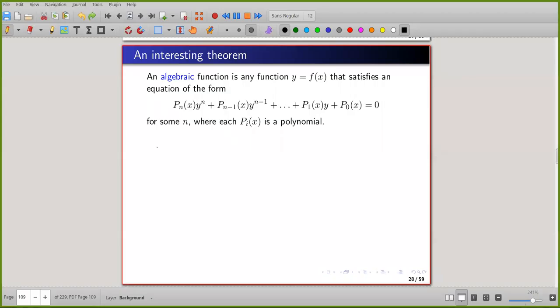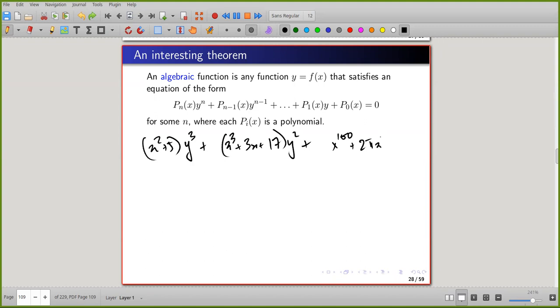For instance, I could take x square plus 5 y cube plus x cube plus 3x plus 17 y square plus x to the power 100 plus 2 plus 2 pi x to the power 17 plus pi square is equal to 0. Suppose I take a function y which satisfies this equation, then I will call such a function an algebraic function.